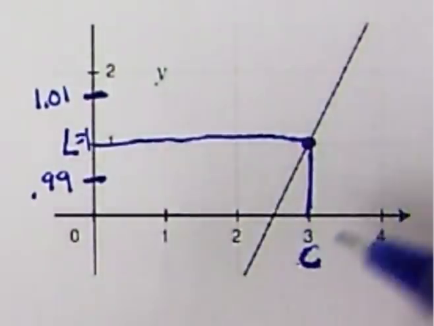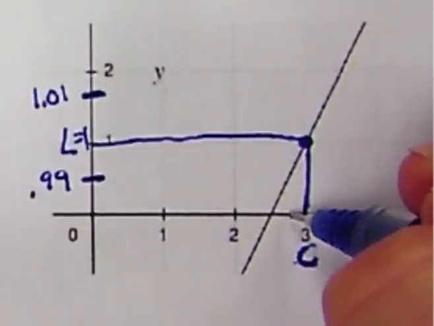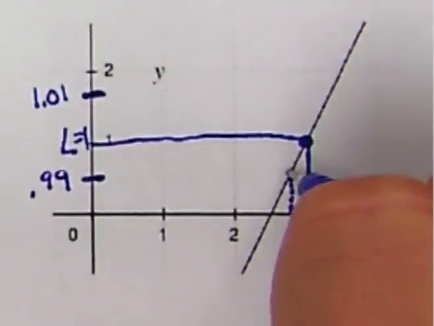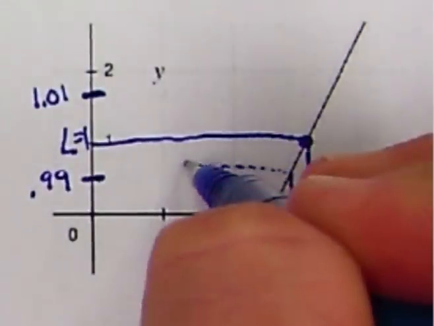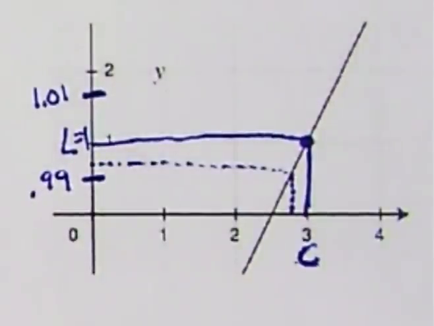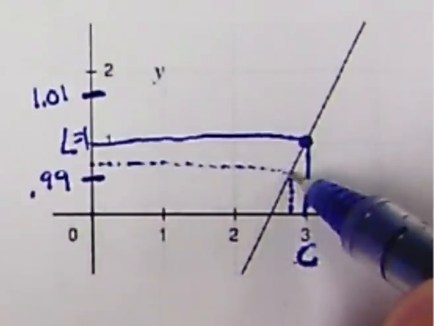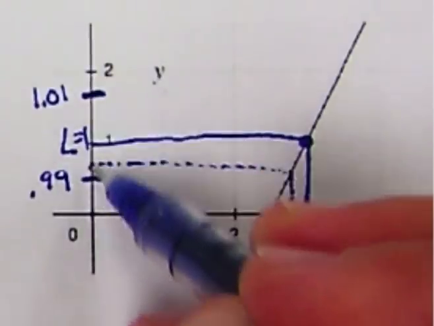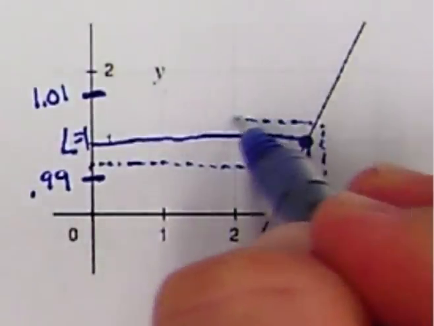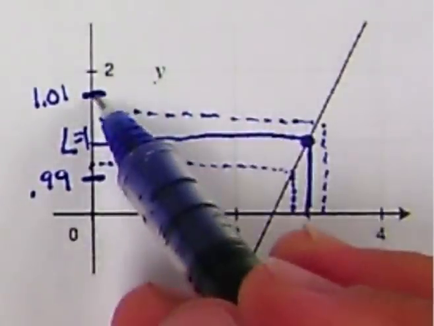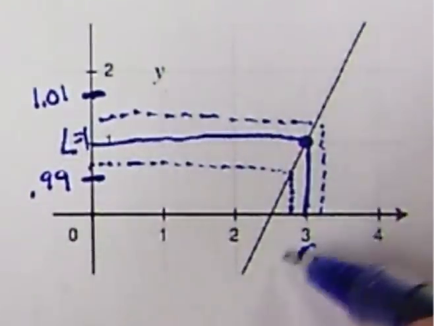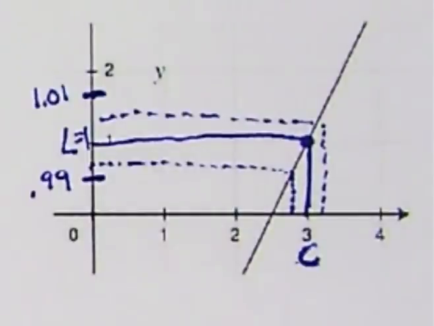So our task is to find a delta so that when we map it up to our function, it gives us an f of x that's going to be in this range. So as we go delta below c, f of x is still going to be greater than 0.99. And as we go delta above c, it's going to give us an f of x that's also less than 1.01. Okay, so this is what our task is, to find that delta.